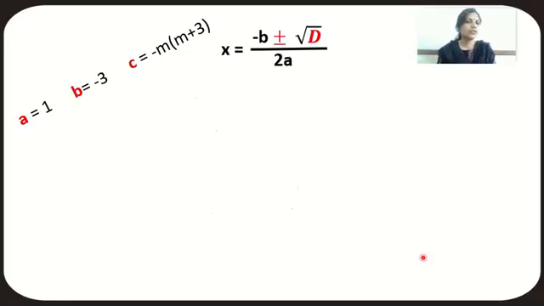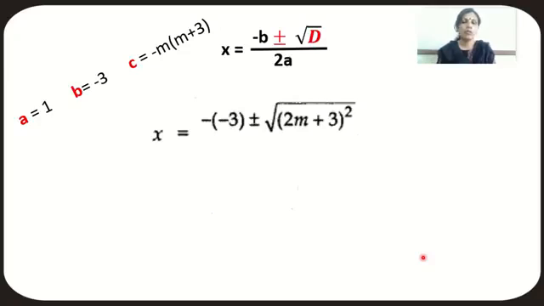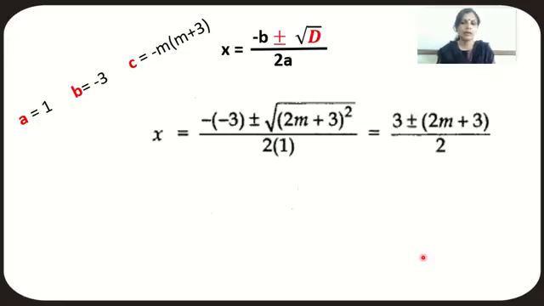So once we substitute the values, we can write it like this: x is equal to minus b, so minus of minus 3 plus minus, and the value of D we have calculated as 2m plus 3 the whole square. So we will write that under square root sign upon 2 into 1. Let us simplify this. So minus minus will become plus. So 3 plus minus square root of 2m plus 3 the whole square.